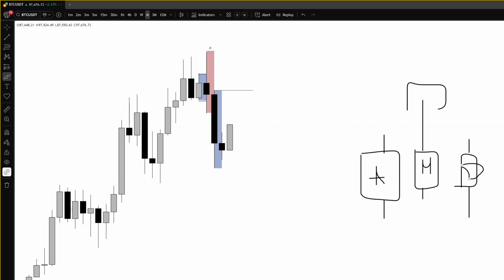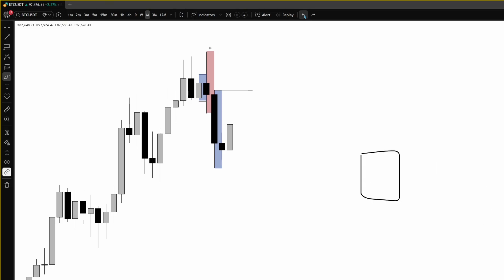Accumulation is little movement, manipulation is false movement, and expansion or distribution is explosive movement. So we want to get in when it's explosive, right? Sometimes it's candle 4 that is the distribution, but I usually like to trade both. Hopefully that makes sense.